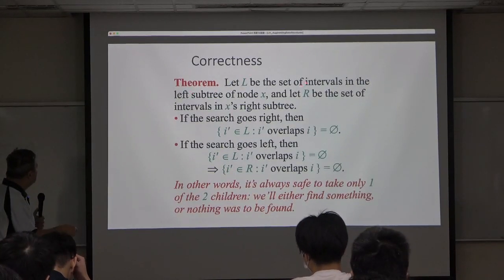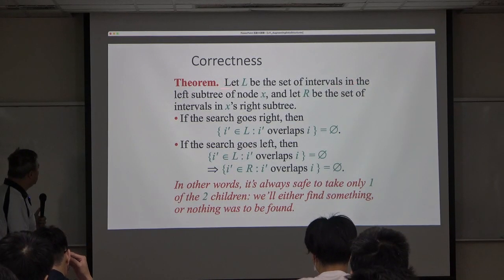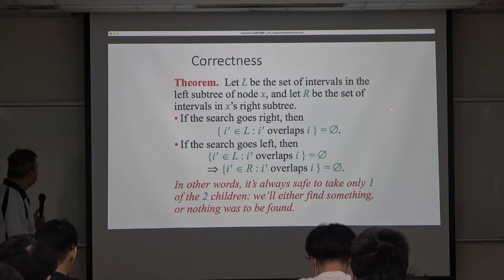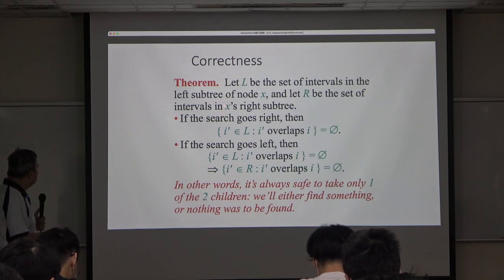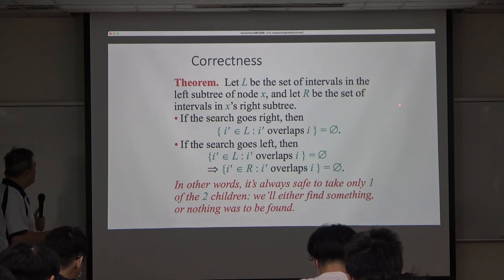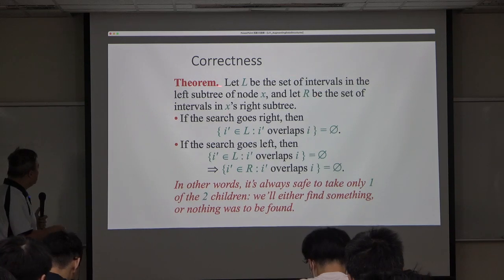That's the correctness. Basically, it's just like what I said. Let L be the set of intervals in the left subtree of node X, and let R be the set of intervals in X's right subtree.